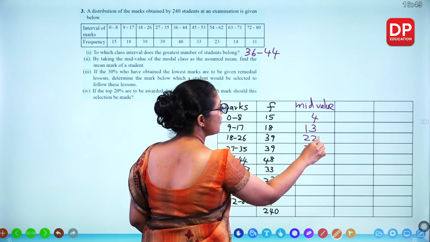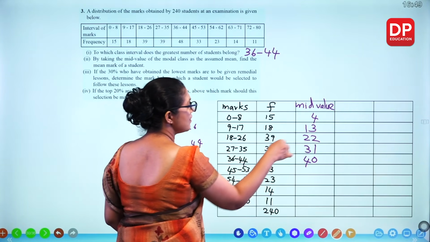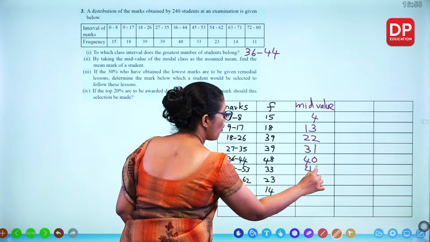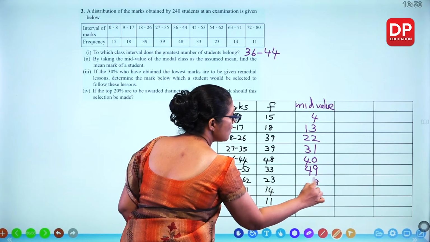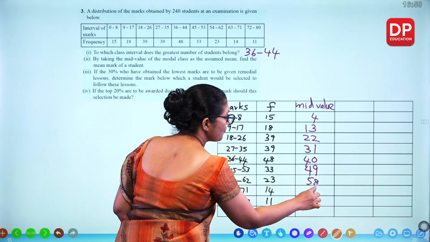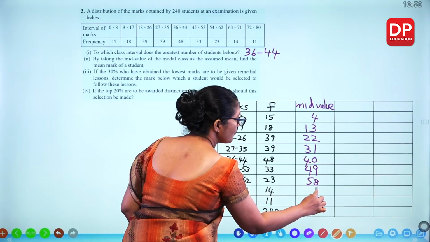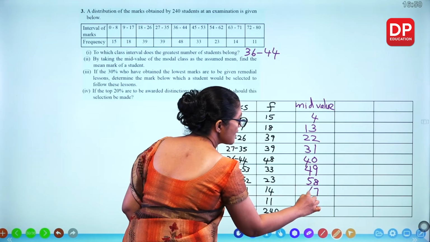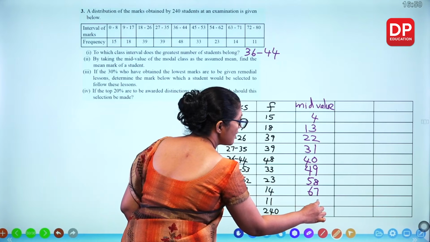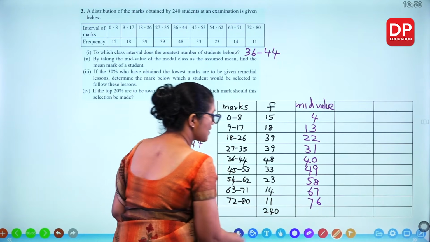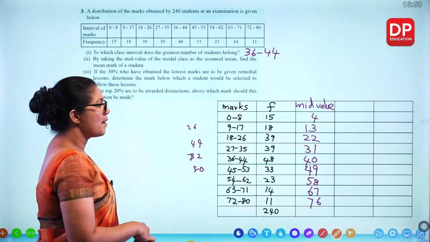Can we see a pattern? Adding 9. So this should be 49, 58, 67, 76. Those are the mid values.